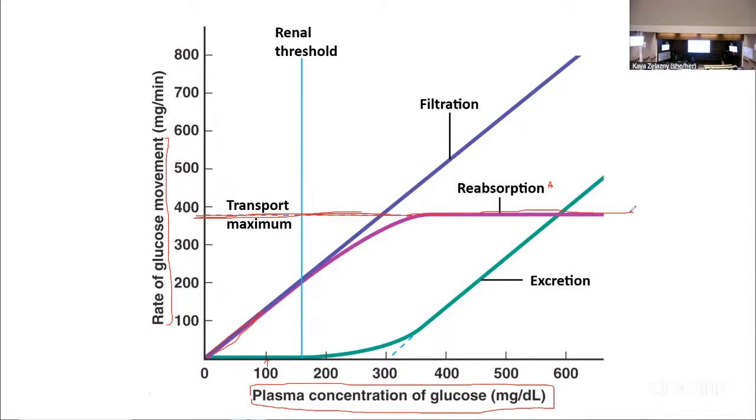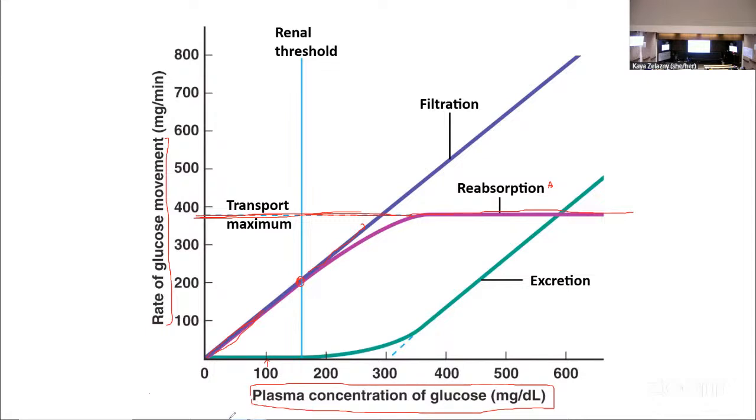So for our renal threshold, here we're looking at the actual renal threshold. You can see this point where our glucose filtered levels just go up and up and up, because we're just multiplying the plasma concentration of glucose times the glomerular filtration rate. So that's just a straight line that goes up forever.